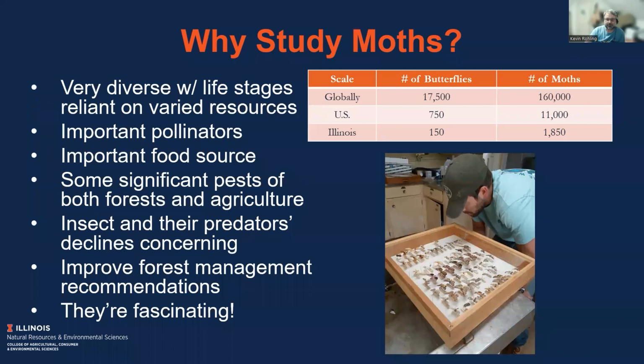Some can be significant pests of both forests and agricultural areas. And recently, we've had reports of significant declines in insects in general, globally. And so we're concerned about that loss and what the impact might be on their predators, those birds and bats that are also of conservation concern.